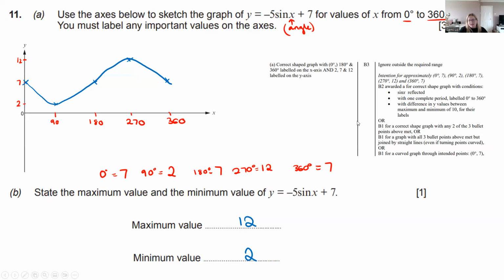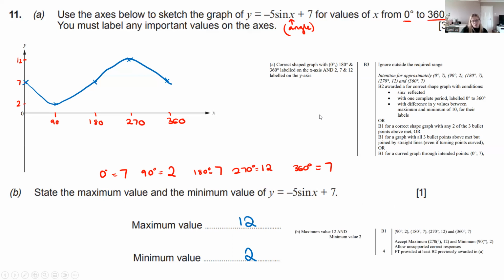Say you didn't do all the points, but you had 2 of 3, then you got 1 mark. Showing the points but never joined, or joined but with a straight line. So you've got to make sure it's curved. I know mine doesn't look essentially curved, but it is curved compared to a straight line. So that's 3 points there.